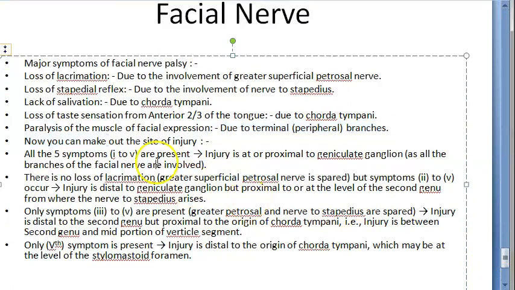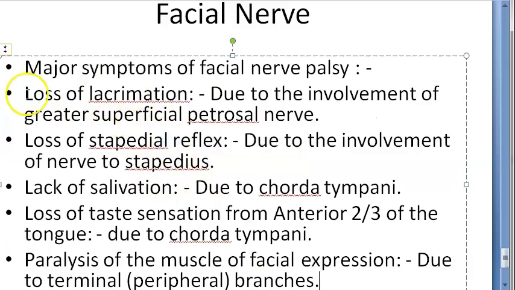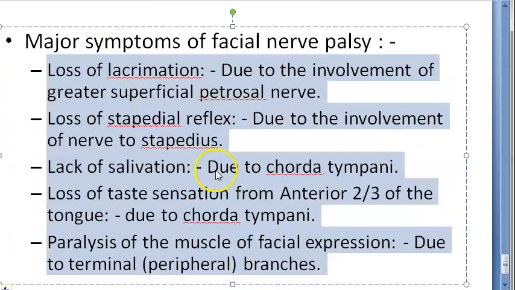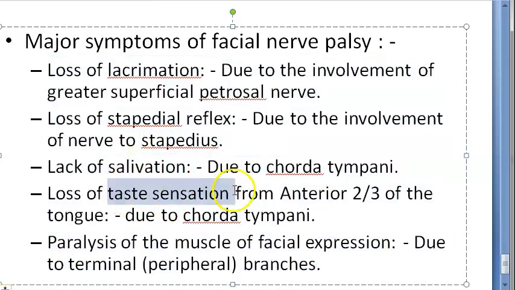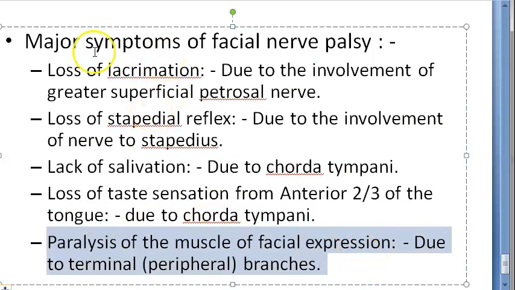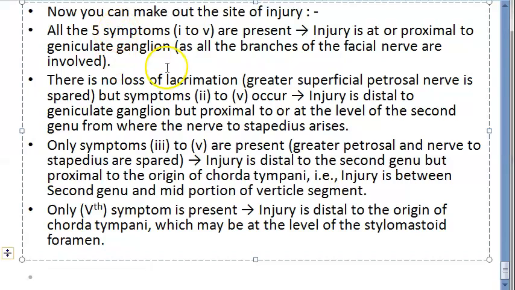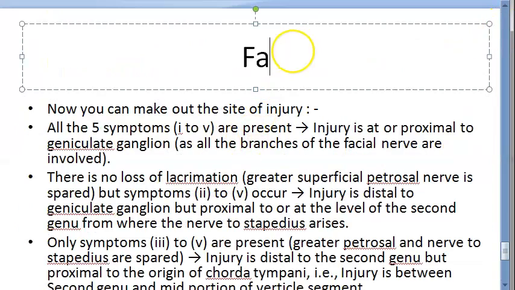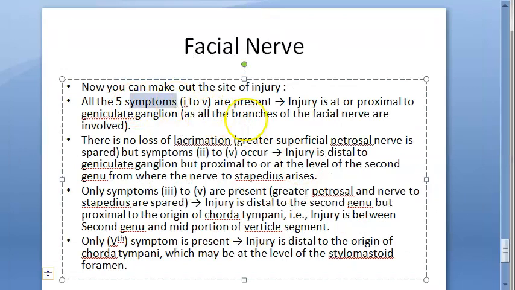Basically, if all 5 symptoms are present, you can sometimes say where exactly the problem is. If all 5 problems are there, then somewhere near the geniculate ganglion some problem is there, and all the branches of the facial nerve are affected, right?